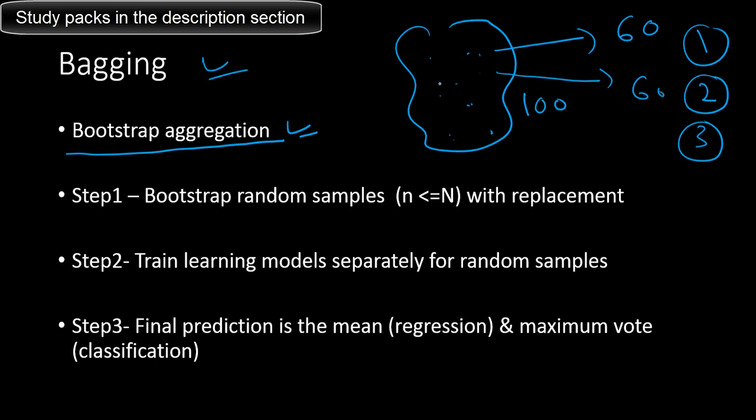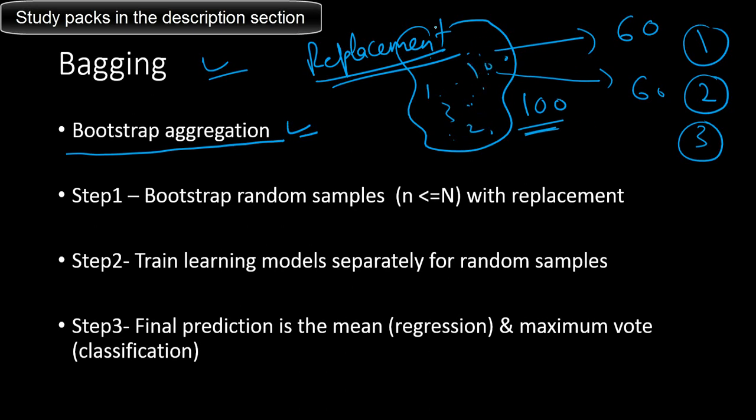Okay, but remember, you are picking observations with replacement. That means the same observation can be picked twice. Let's say you have 100 observations, all unique, like 1, 2, up to 100.